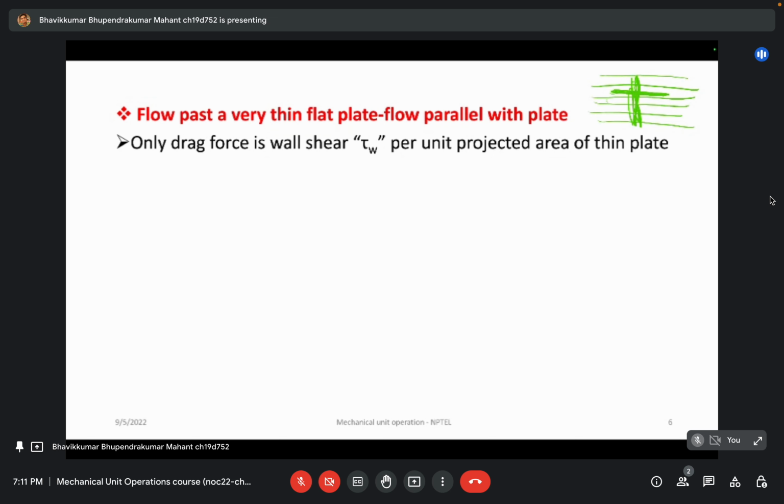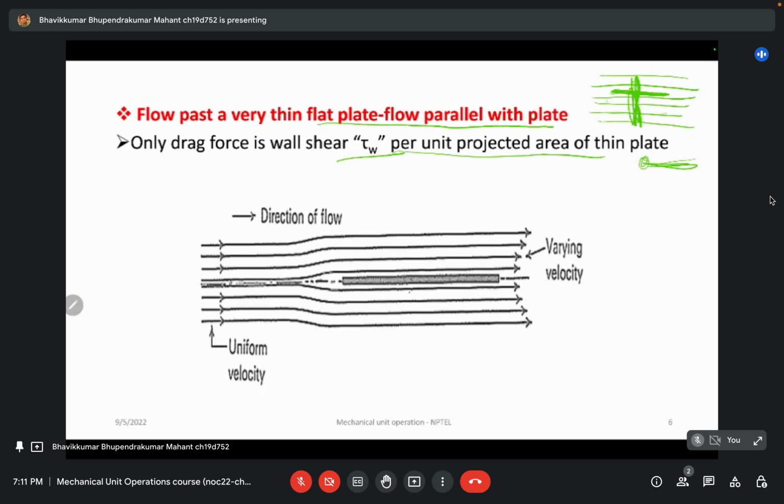If we talk about a very thin plate with flow parallel to the plate, then the only drag force is the wall shear tau w per unit projected area of the thin plate. You can see the direction of the flow is like this, and this is the plate, and this is the uniform velocity.